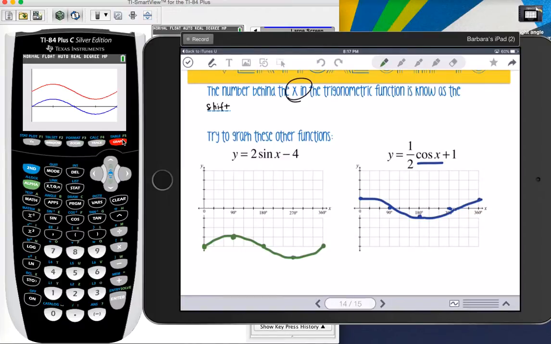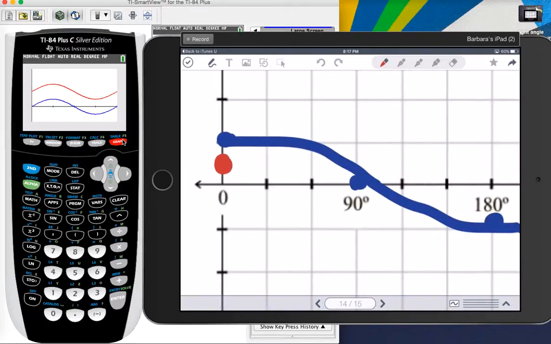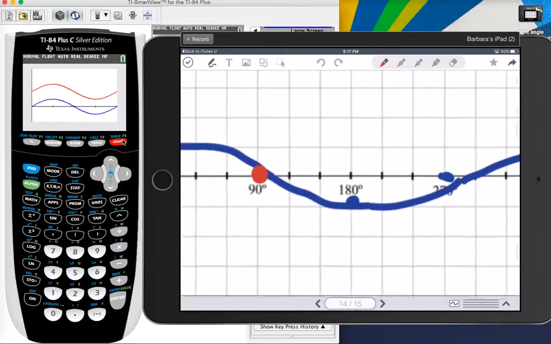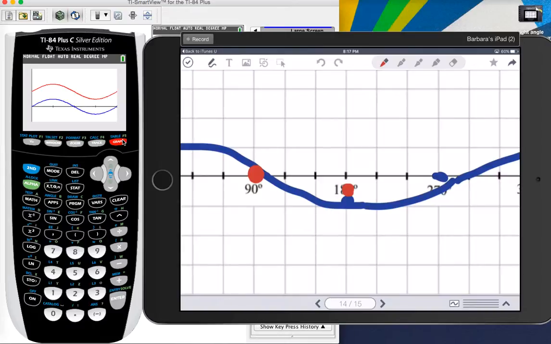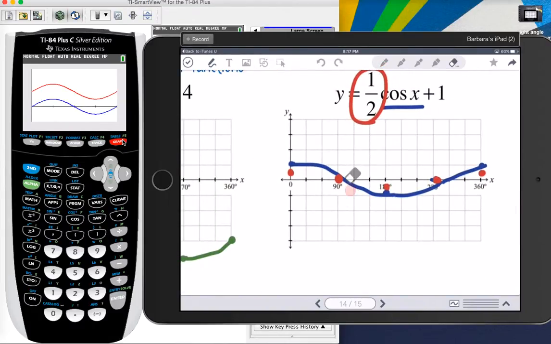So I'm going to do the same for this one. Now I have this 1/2, so that means that it's not going to go as high or as low. So I'm going to erase all the blue.